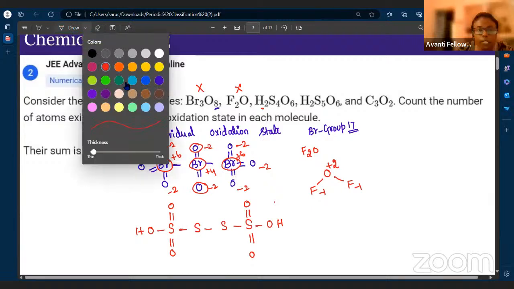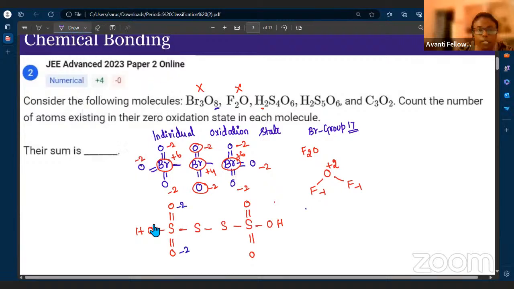Here it is -2, -2. And what will be the oxidation state of this oxygen? It is -1. So here it will be -2, -2, -1, so these will get -5, and the sulfur will have a +5 oxidation state. Now what will be the oxidation state of the sulfur in the middle?